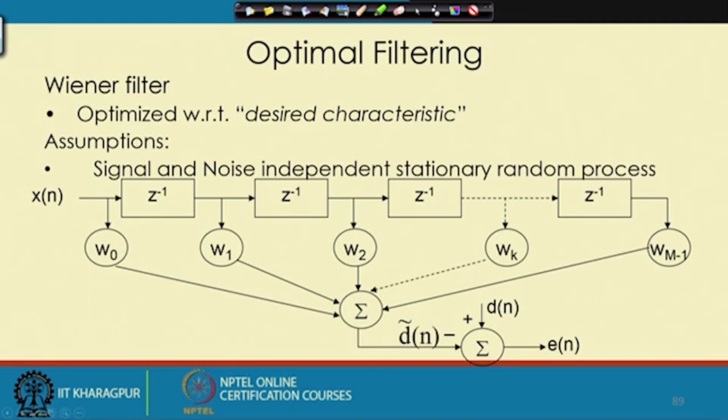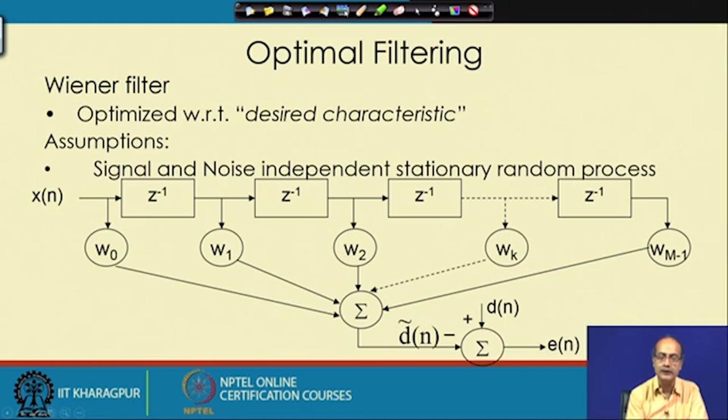Now, to go for this optimal filtering, or the Wiener filter, which has gone by the name of the inventor, we look at the assumptions we need to have on the signal and the noise. Both the signal and the noise should be stationary. Stationary means it should be weak sense stationary, okay, because that is the one we can get, and these two should be independent.